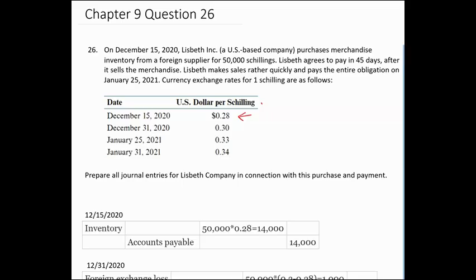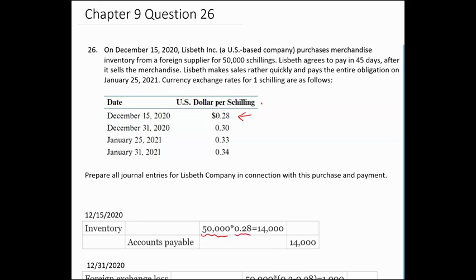Because we need to record the transactions in US dollars, we need to convert from shillings to US dollars. On December 15th, the total worth of inventory and accounts payable is 50,000 shillings. To convert, we need the exchange rate, which is 28 cents.